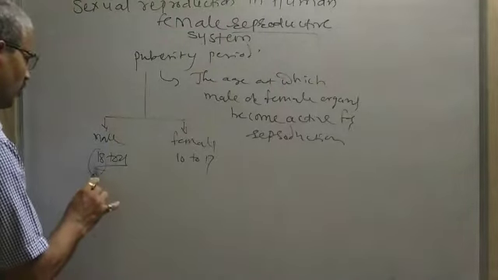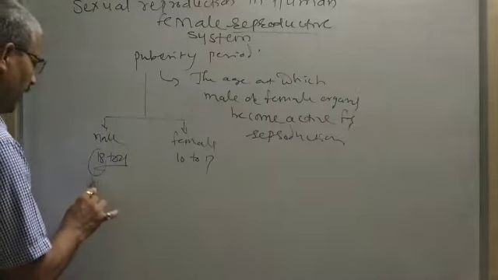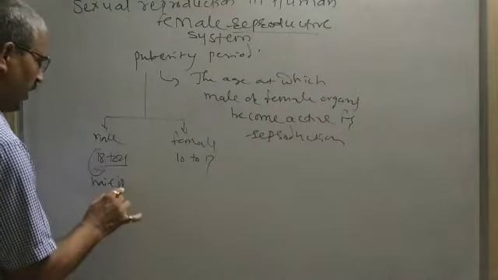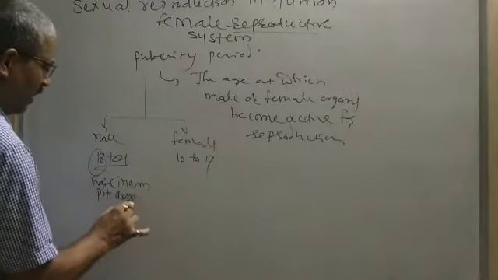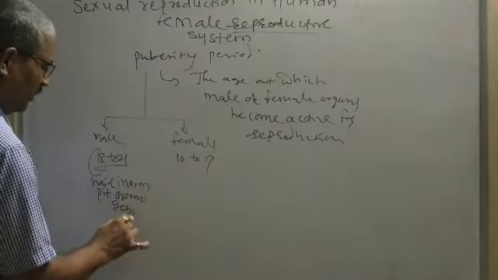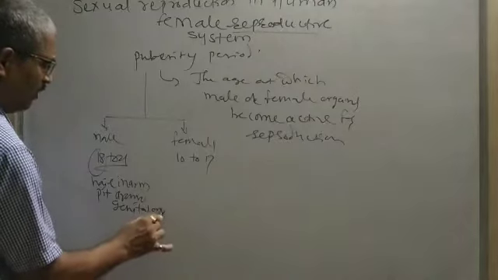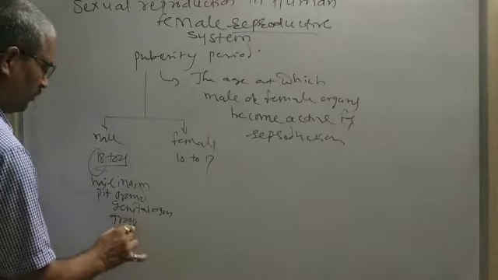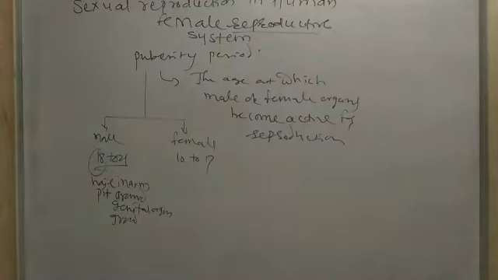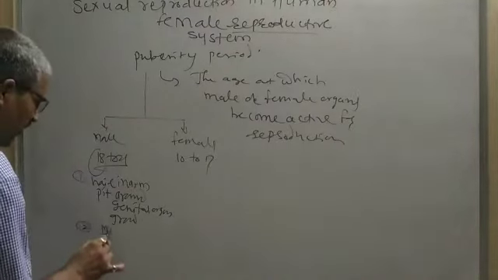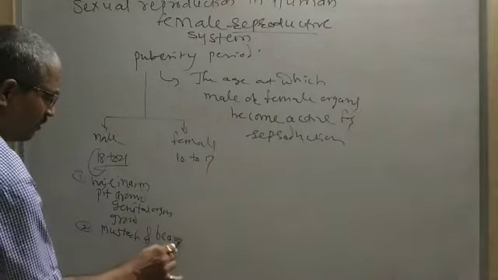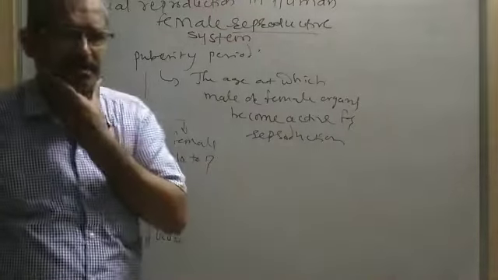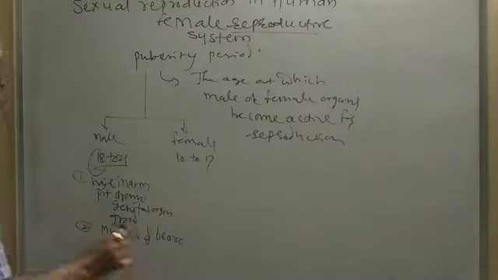In case of the male, hair in the armpit and around the genital organ grows. This is the first. The second one is that mustache and beard grow on the face.